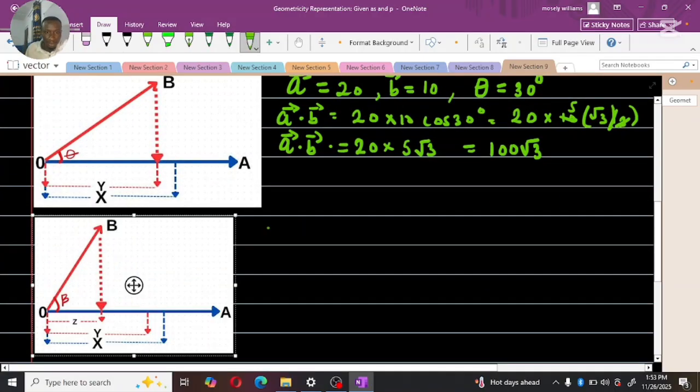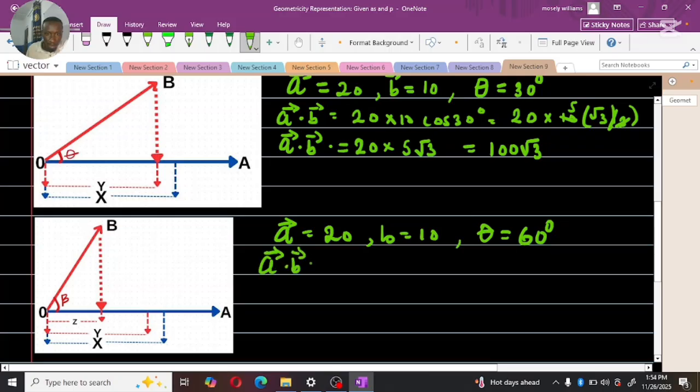Here vector A is still 20, B is 10, but theta here is, let's say, 60 degree. So A dot B is equal to 20 times 10 cos 60 degree.